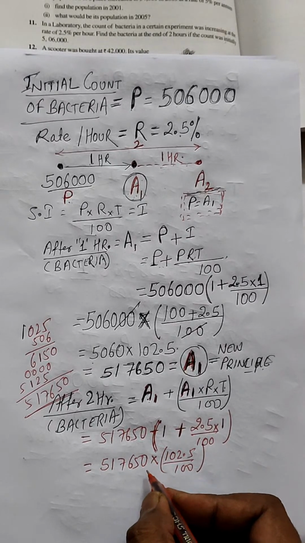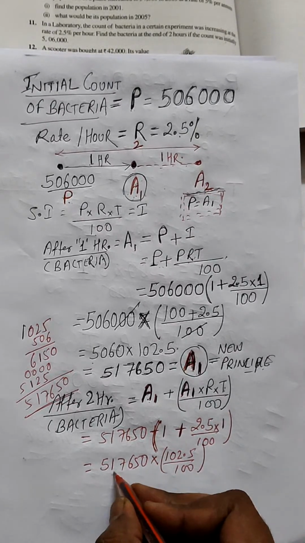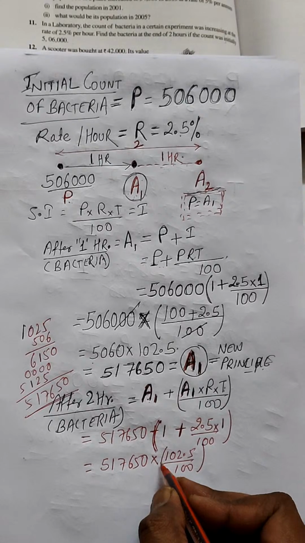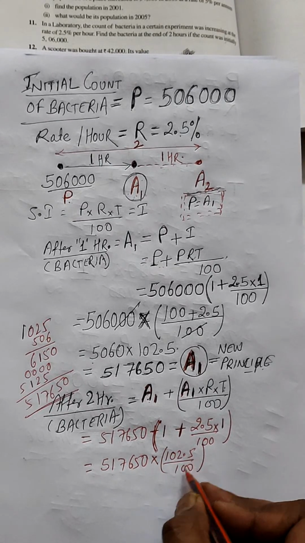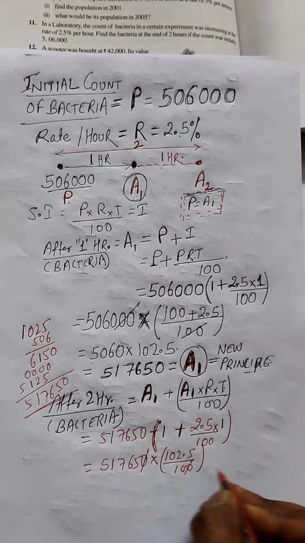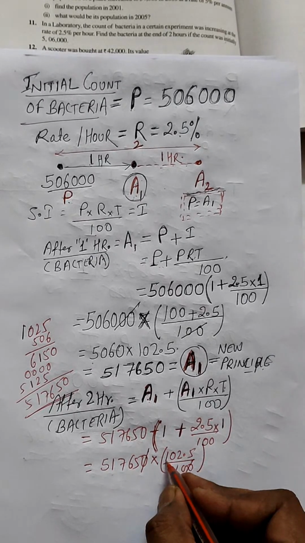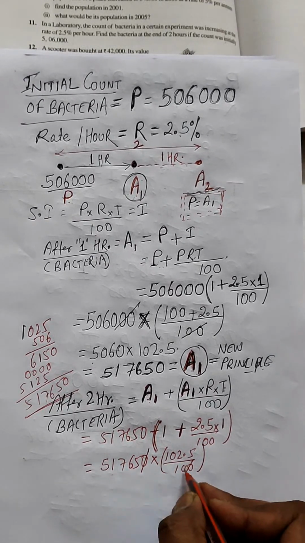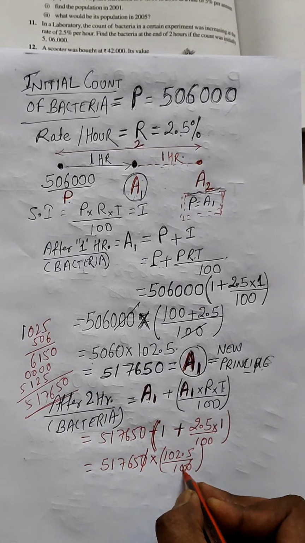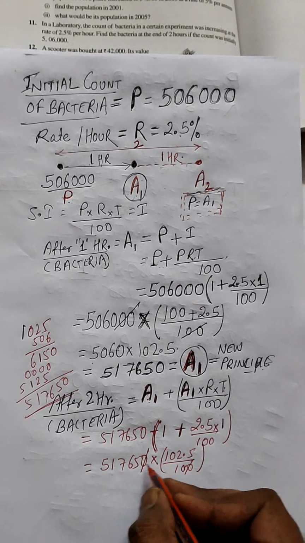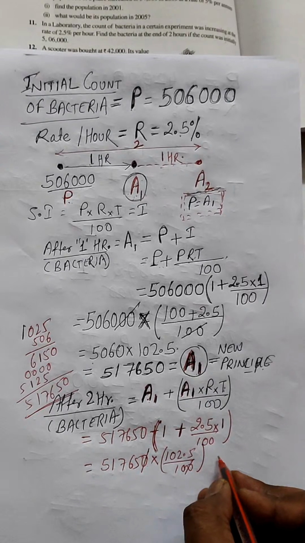Just multiply 517650 with 102.5. 10 and 10 will be cancelled out, so just multiply 51765 into 102.5.